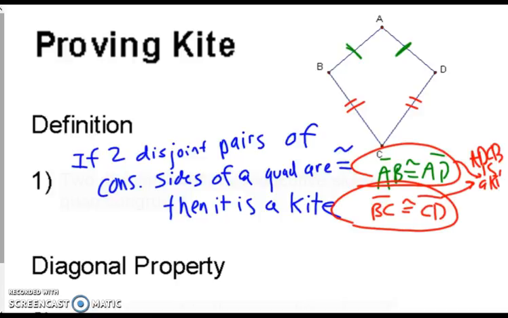And your reason would be this new reason we got over here. Because if two disjoint pairs of consecutive sides of a quad are congruent, then it's a kite. Okay, so that's what it would kind of look like in a flowchart proof.